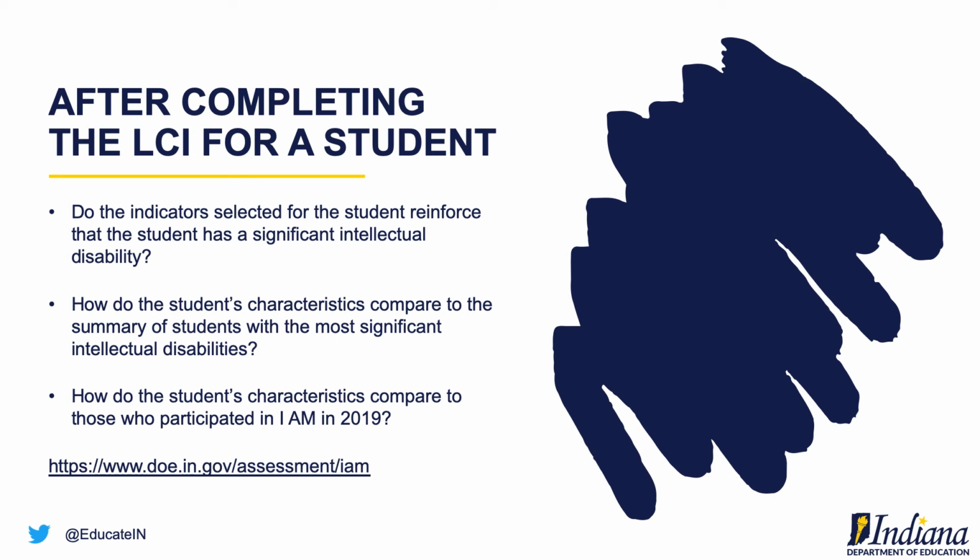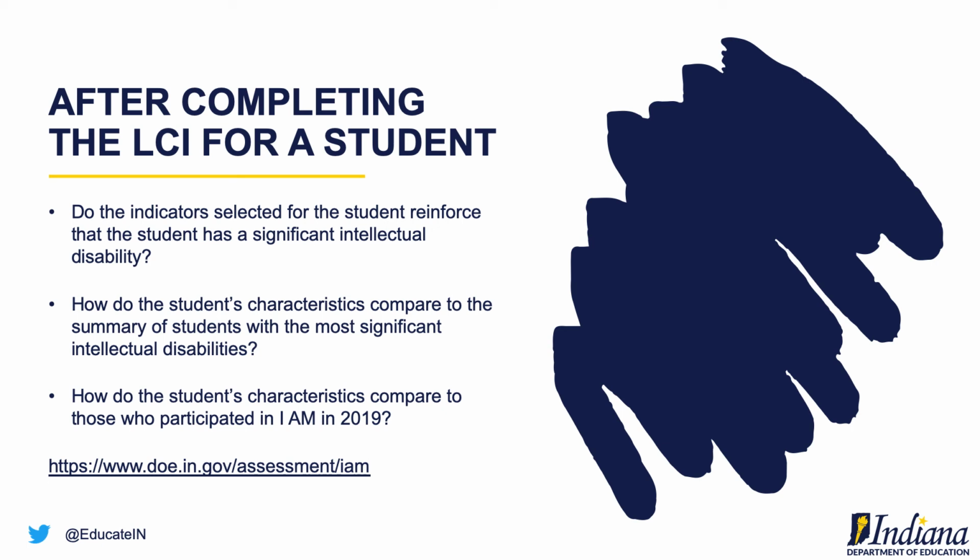The case conference committee should re-review the participation criteria to ensure the student has been accurately placed. How do the students' characteristics compare to the summary of students with the most significant intellectual disabilities? Again, the 1% population is a very diverse population of students. Not all test administrators will be able to answer these questions the same for all students. However, you should find some similarities between your student and the summary of students with the most significant intellectual disabilities on slide 6.